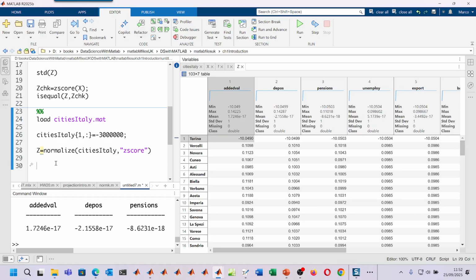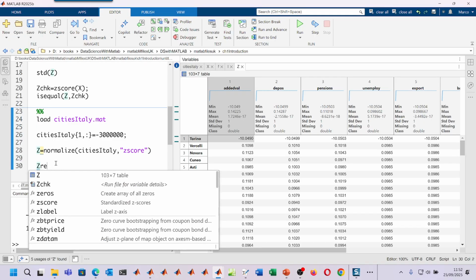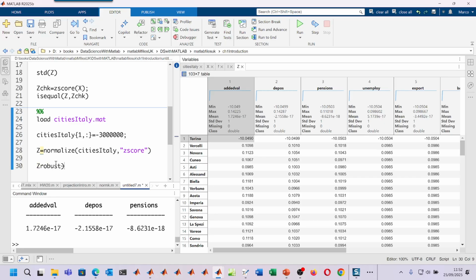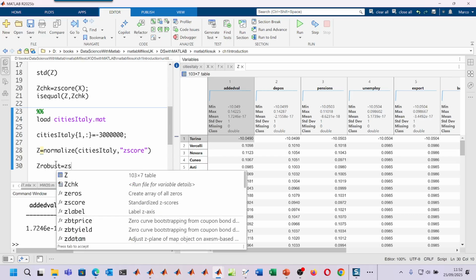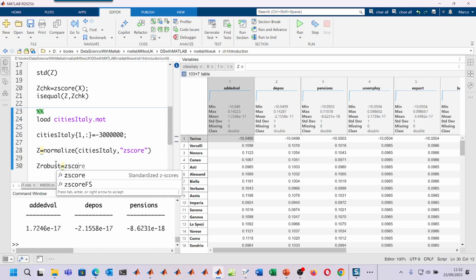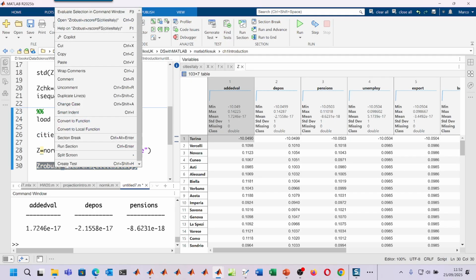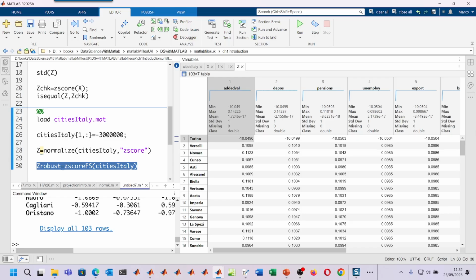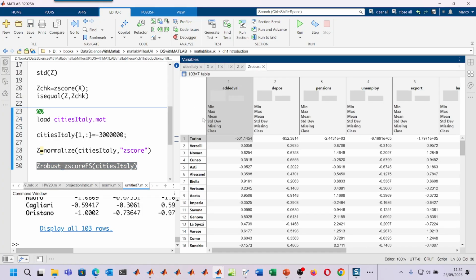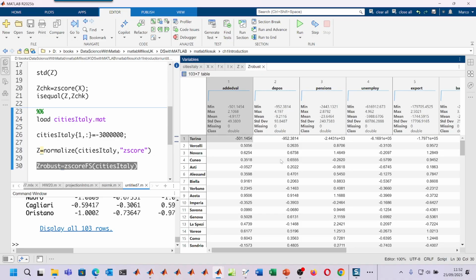On the other hand, if you write z robust equal to z score fs of Cities Italy, and you look at the matrix of z robust, you see that the outlier still shows here, but all the others are centered around 0, right?